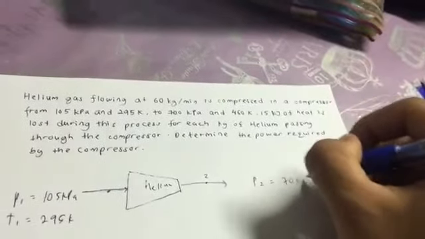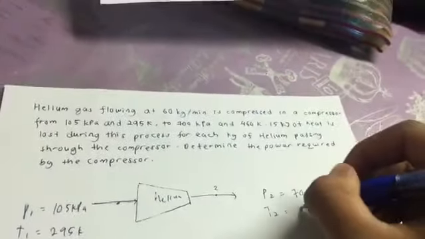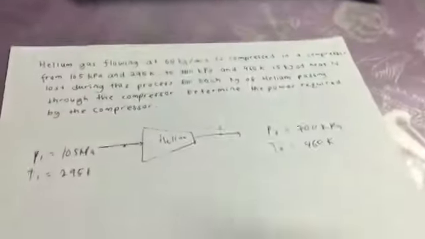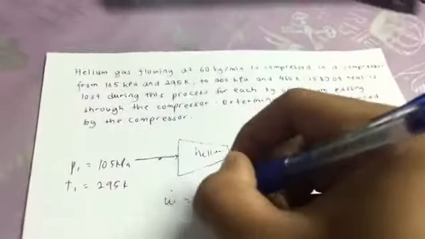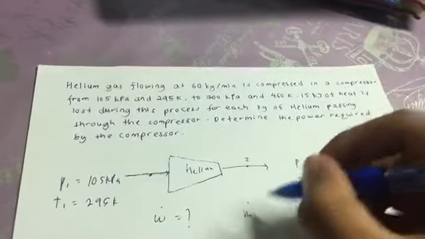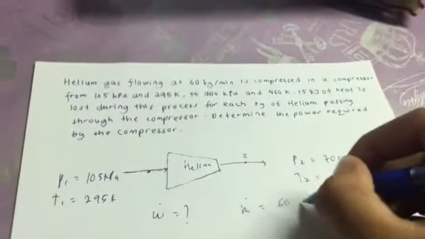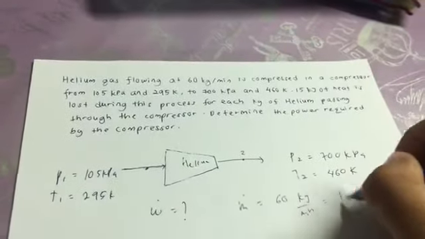P2 equal to 700 kilopascal, T2 equal to 460 Kelvin. So we must find the power. The mass flow rate is 60 kg per minute, which must be converted to kg per second.